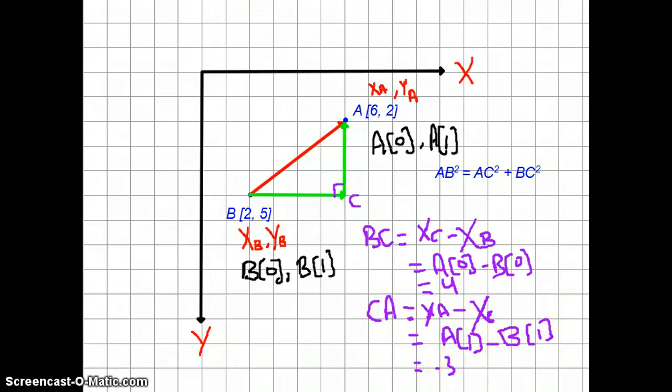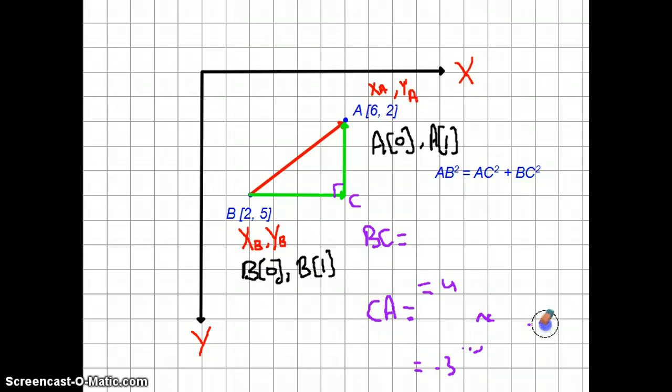Now we can apply the Pythagorean theorem. Let me delete that, keeping the values. So AB square is equal to AC square, which is minus 3 square, plus BC square, which is 4 square.